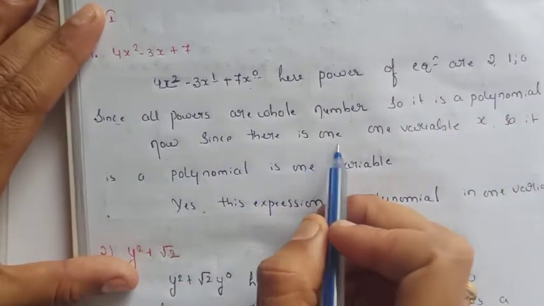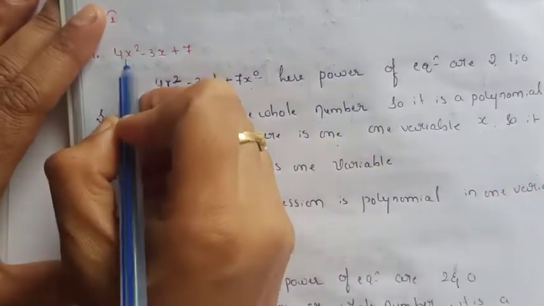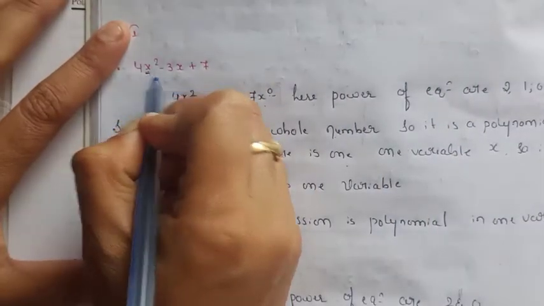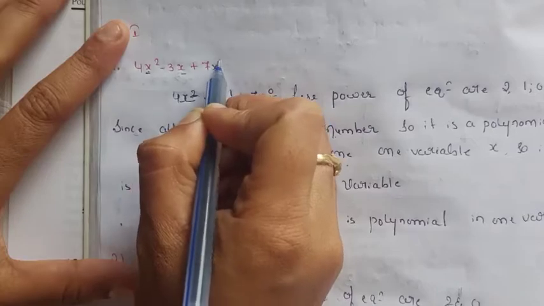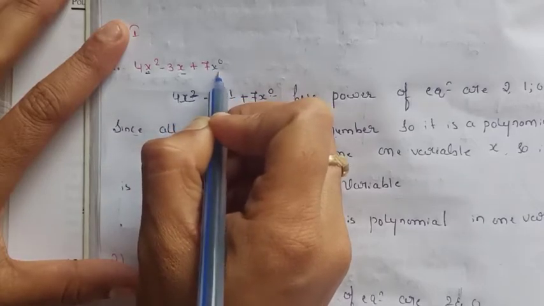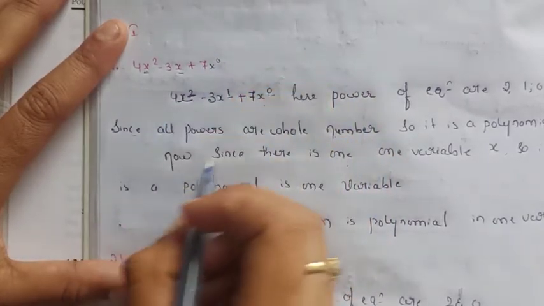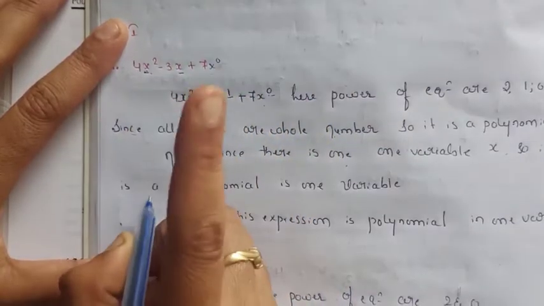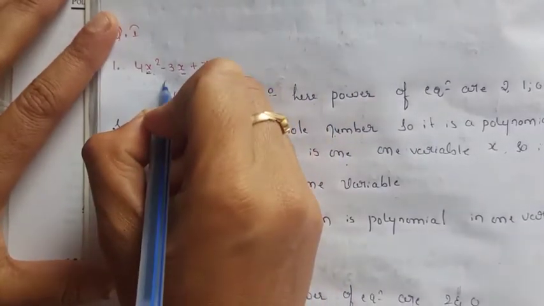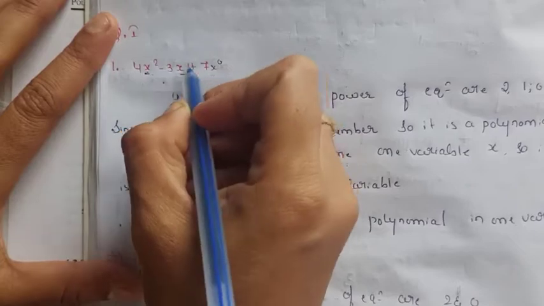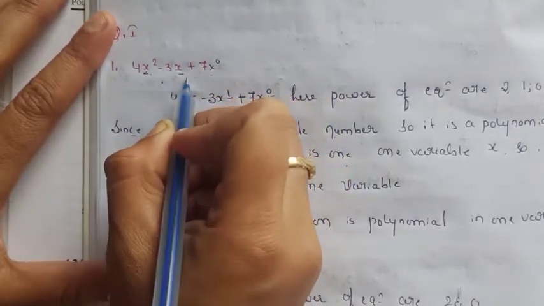Now there is only one variable, that is x. x to the power 0 we can also write as the constant polynomial. So x is the only variable contained in this equation and powers are whole numbers. So the given equation is a polynomial.